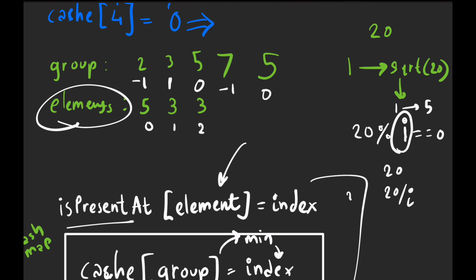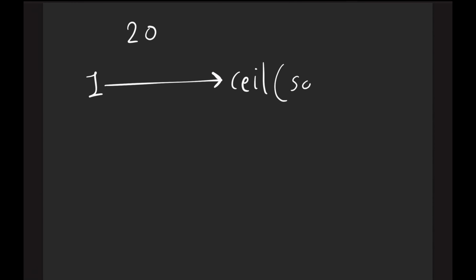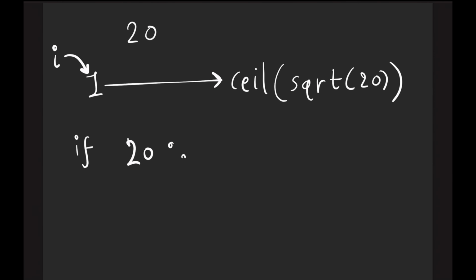So we check whether 20 modulo i is equal to 0, and then we have both as divisors. We will get these two divisors from this i. So for number 20, we move from 1 to the ceiling of the square root of 20. If 20 modulo i is equal to 0, then i is a divisor.